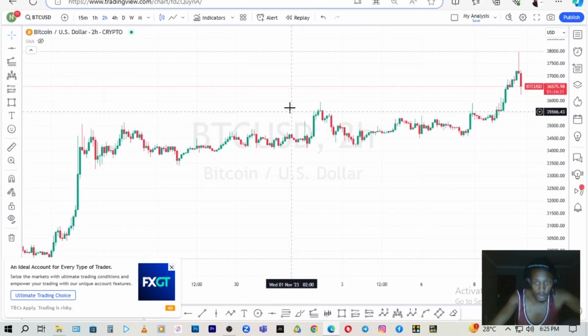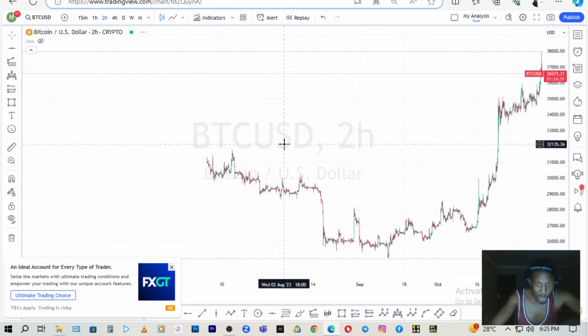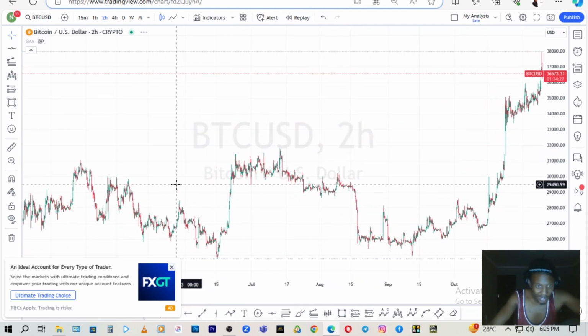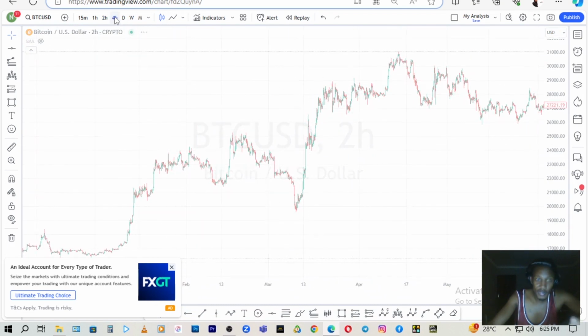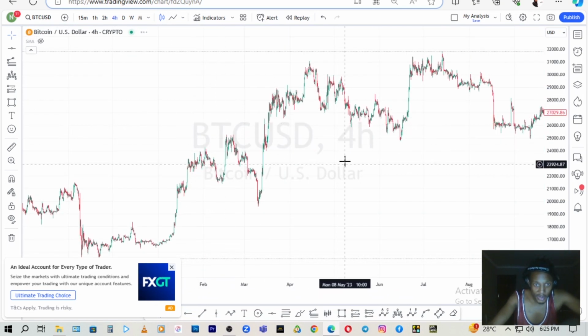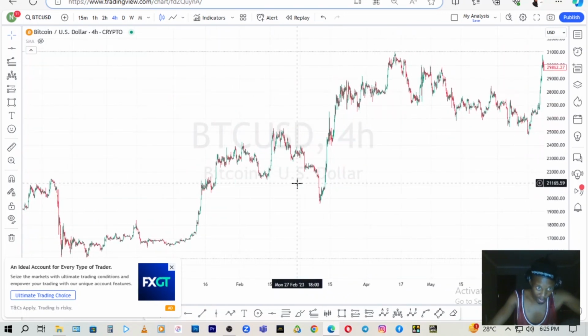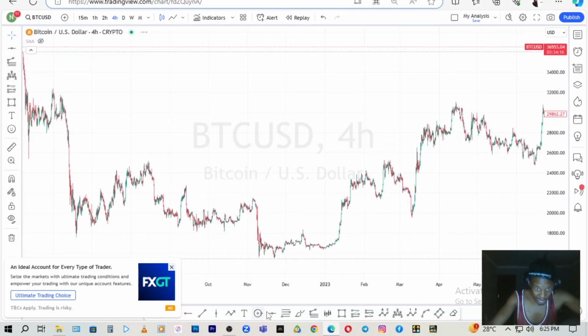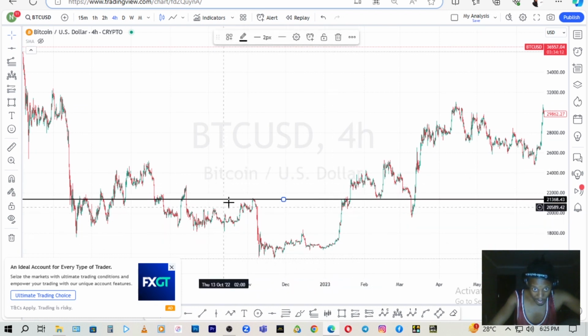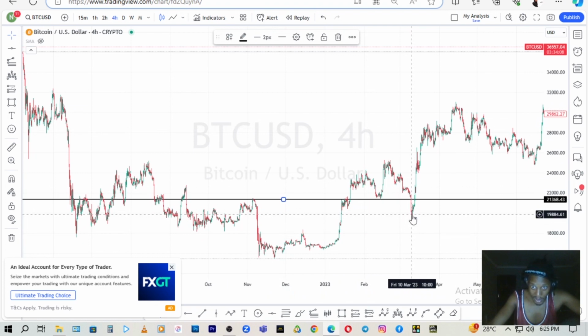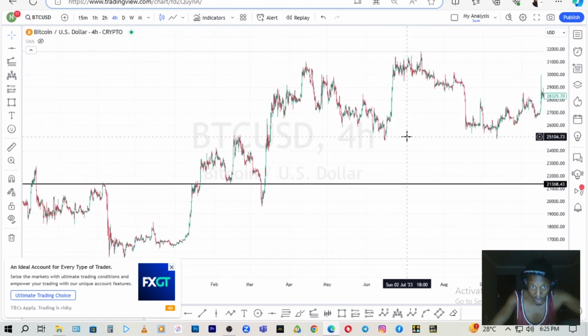It doesn't look good though. There's no structures over here. Hopefully there was. Maybe on the 4 hour. Let me check on the 4 hour. Okay, on the 4 hour I can see that it's been breaking highs. It broke this lower high, gave us a higher low, gave us a higher low.